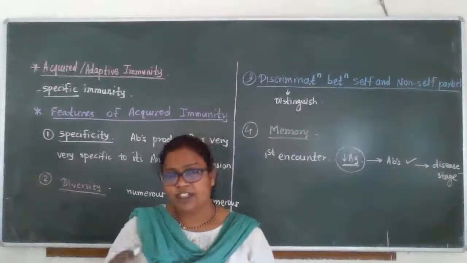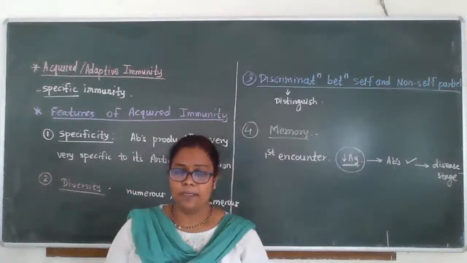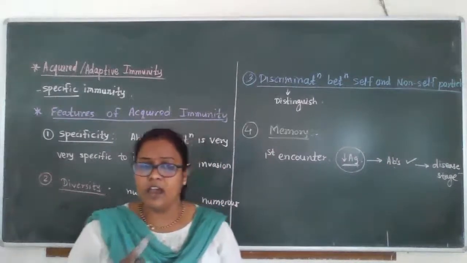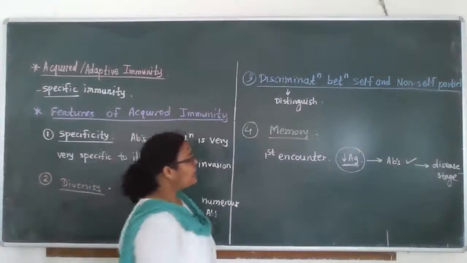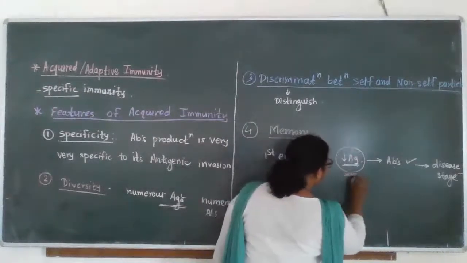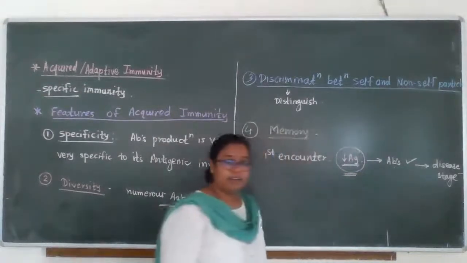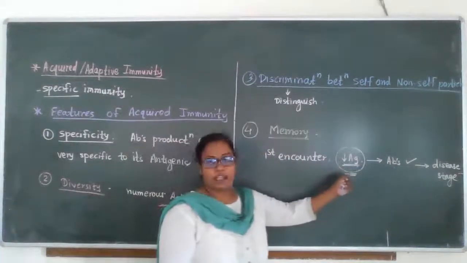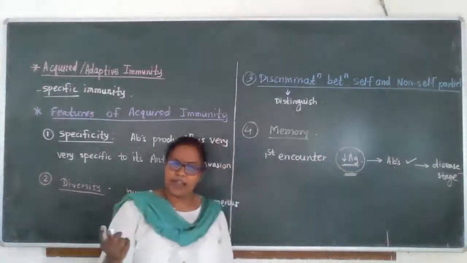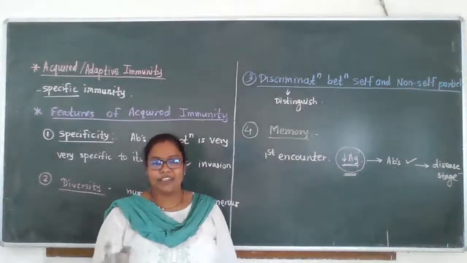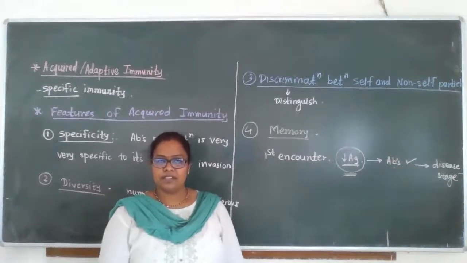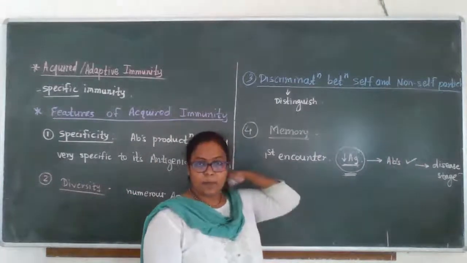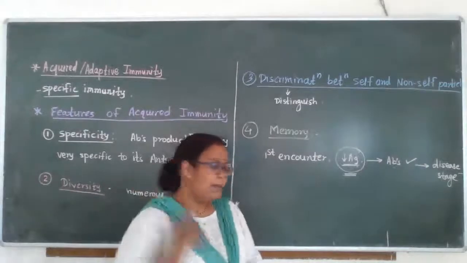But the feature of acquired immunity is that it keeps a memory. It keeps in memory that this particular antigen has previously entered our body. Clear? That means this antigenic invasion is kept in mind. There are memory cells present in our body, and they keep it in their memory.